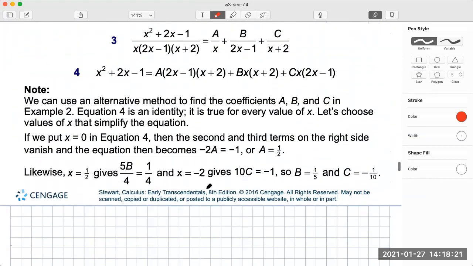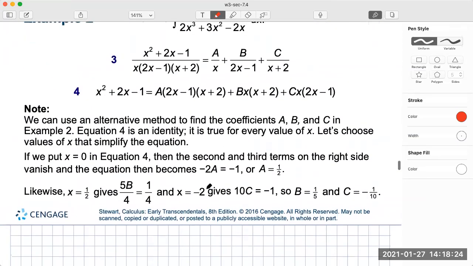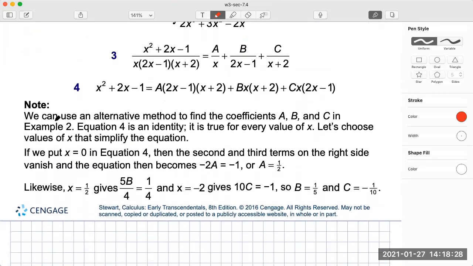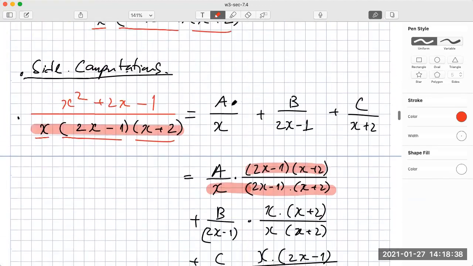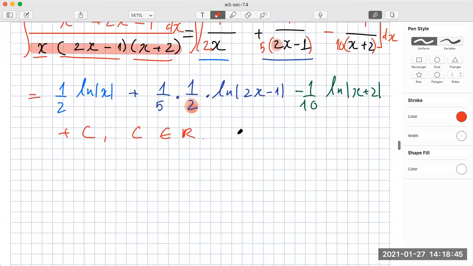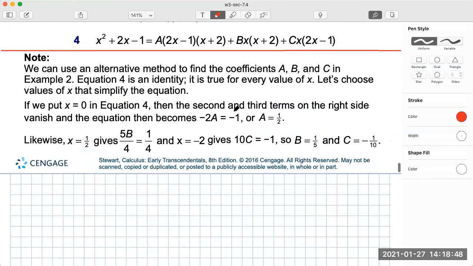Very good. And here, it is a very beautiful note. Instead of solving the system of linear equations, we know that this equation is true for any x. Therefore, it is true for some specific value of x. So let us choose x equal to 0 here.